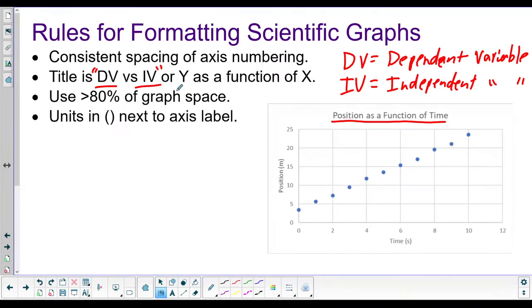The other way you can title a graph is y as a function of x. And when we say y and x, we mean whatever's on your y-axis and whatever's on your x-axis. So y in this case is position as a function of x in this case is time.